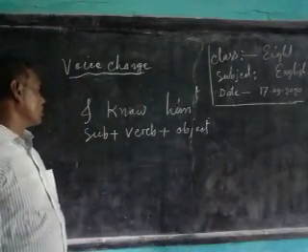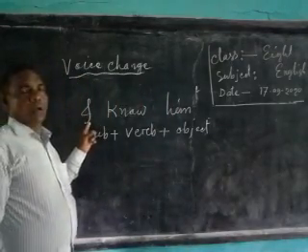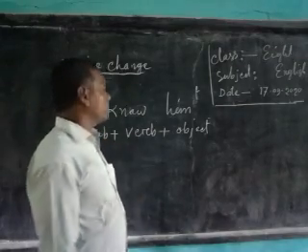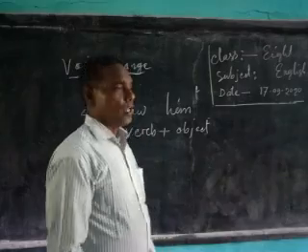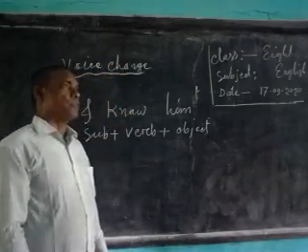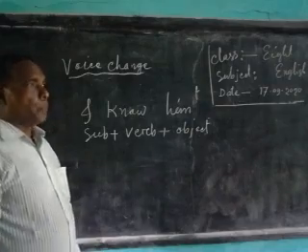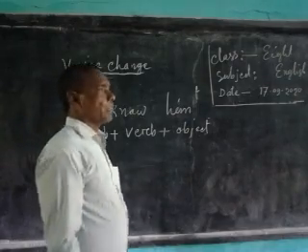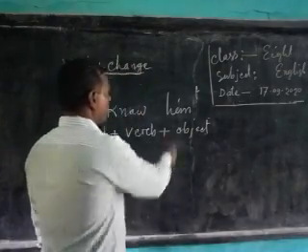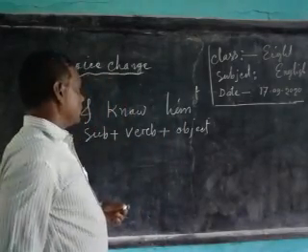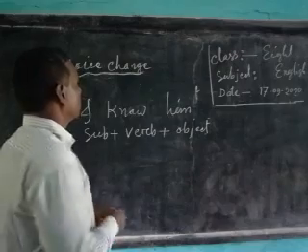There are three words: subject, I; verb, know; and object, him. At first you have to change the object. The object has to be changed as a subject.